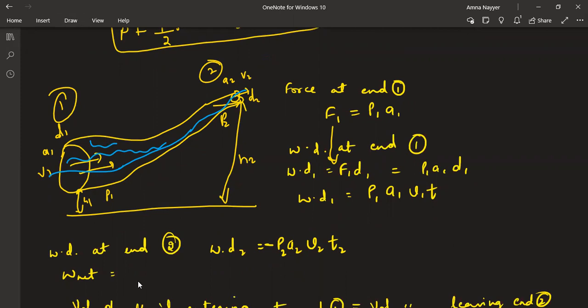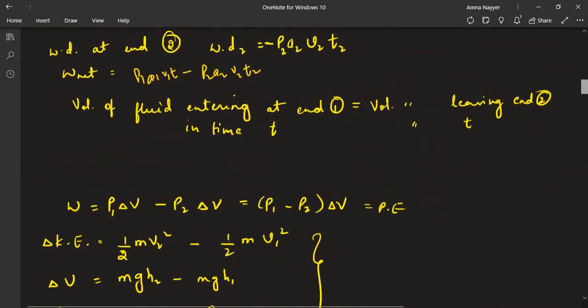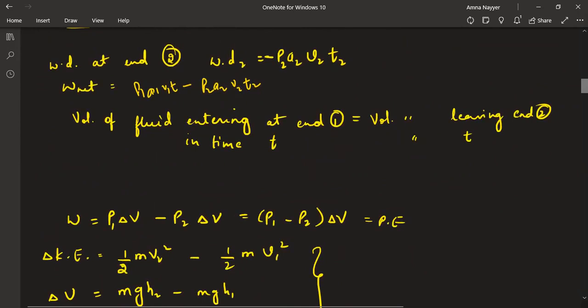So net work done will become P1 A1 V1 T minus P2 A2 V2 T. Now the volume of fluid entering the first end is exactly equal to the volume leaving the second end. Apply the continuity equation: A1 V1 T is equal to A2 V2 T. Why? Because delta V is the volume of fluid flowing in the same time T.